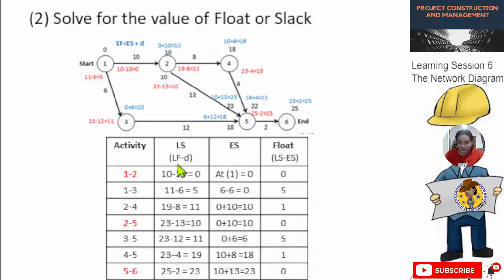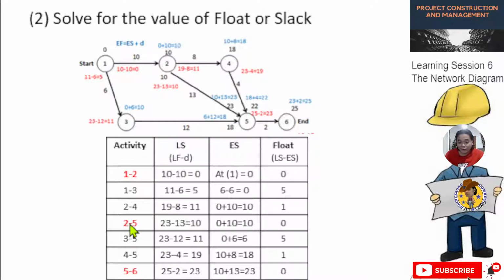The last finish for activity 1 to 2 is 10 days, minus the duration, so 10 minus 10 is 0. Then for activity 1 to 3, the last finish is 11, so 11 minus 6, the duration. So the last start is 5 days.